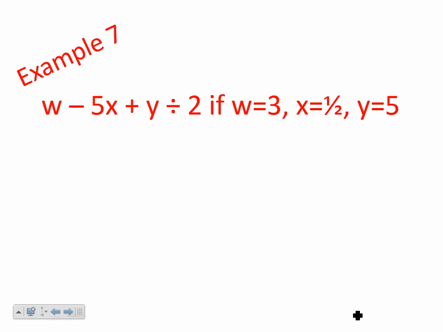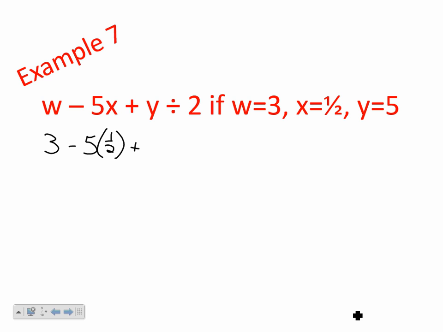It is 3. Do I need parentheses here? No, why not? Because it's by itself. Do I need parentheses here? Yes, 1/2. Do I need parentheses here? No. And again, the first thing I would do is take that, because this means long division. I'd have to divide 2 into 5, and it will become a decimal.